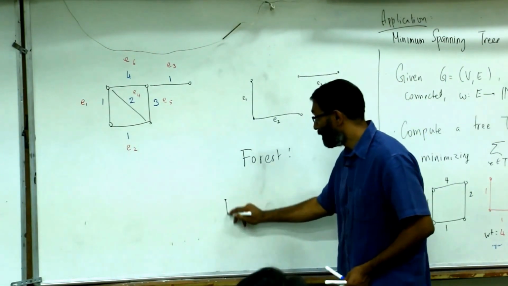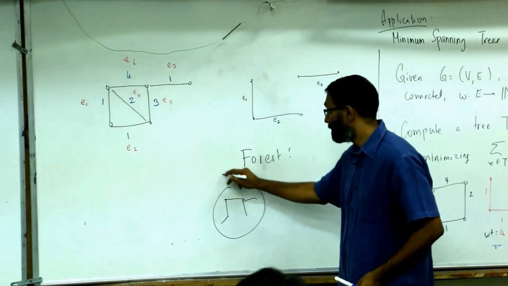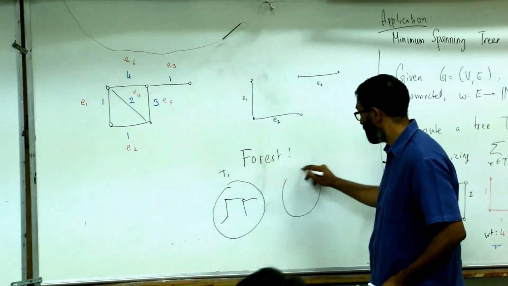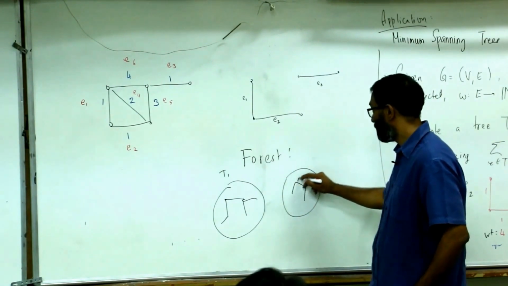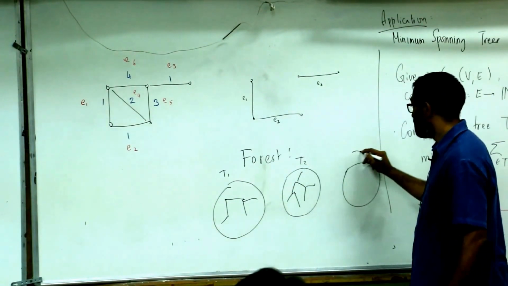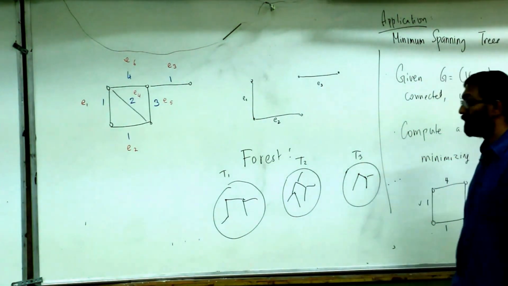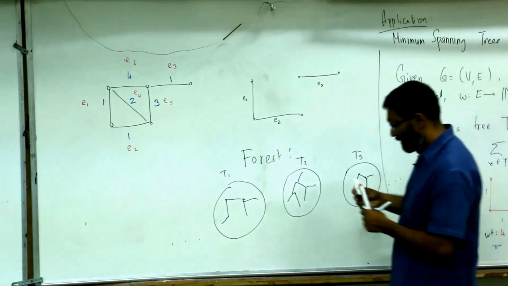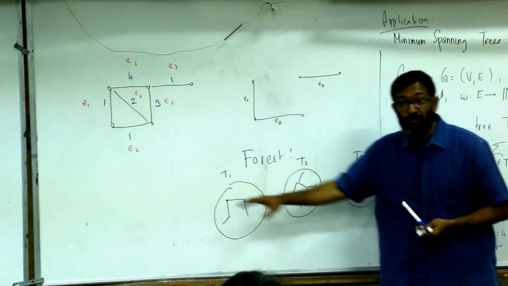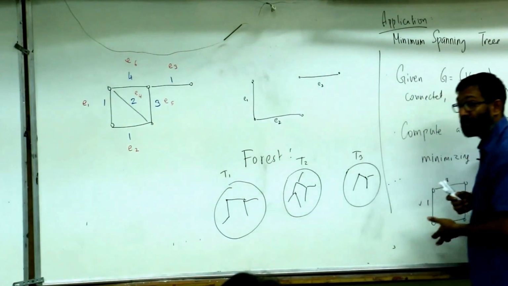So what we have as a generic picture of Kruskal's algorithm is the following. There is some tree T1, there is some tree T2, there is a T3, and so on. At some intermediate stage, Kruskal's algorithm has this forest, this collection of trees.